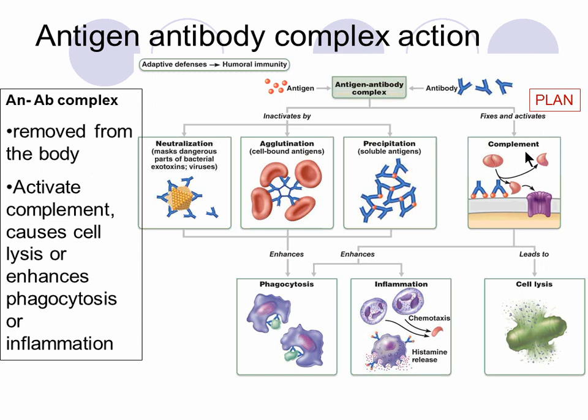We already saw it in non-specific. Here you can see in specific how it gets activated by antigen-antibody complexes. The complement leads to the cell being destroyed, plus the complement also causes phagocytosis and inflammation. So you can see that this is how the antigen-antibody complex acts.